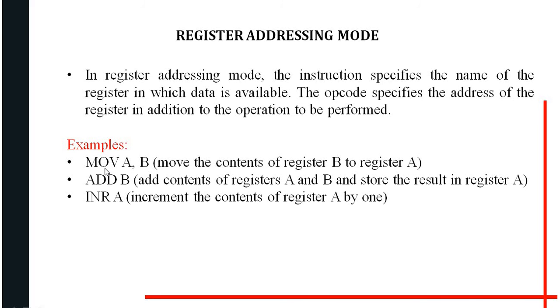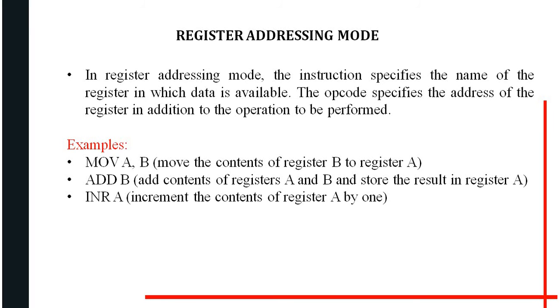Example, MOV A, B. B is one 8-bit register and A is another. The content of register B is moved to register A. Next example, ADD B. The content of register B is added with the A register, the accumulator, and finally the result is stored in register A.